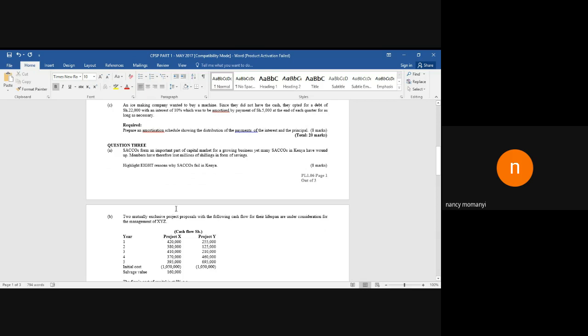Members have therefore lost millions of shillings in form of savings. Highlight 8 reasons why SACCOs fail in Kenya. Can you give us the first one? Who is having the first?